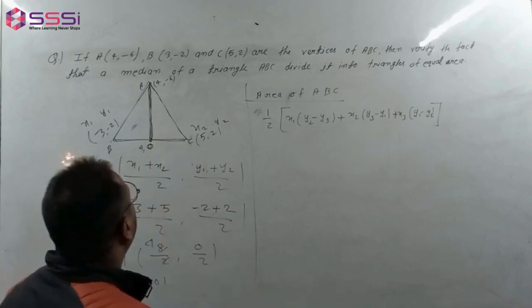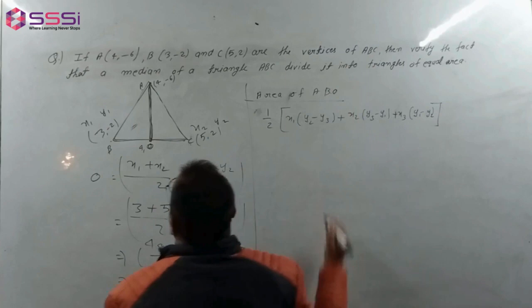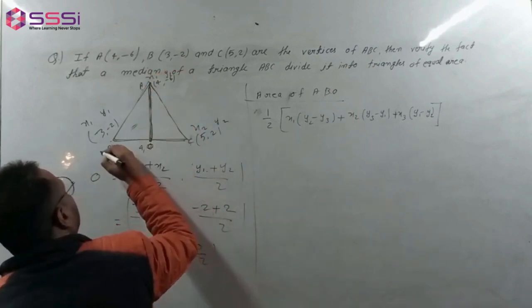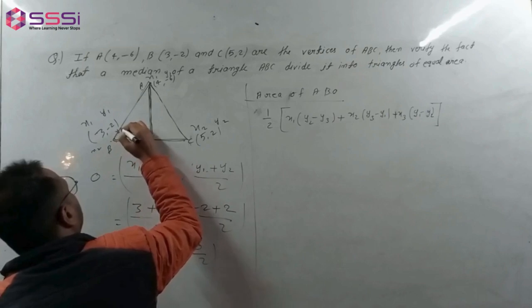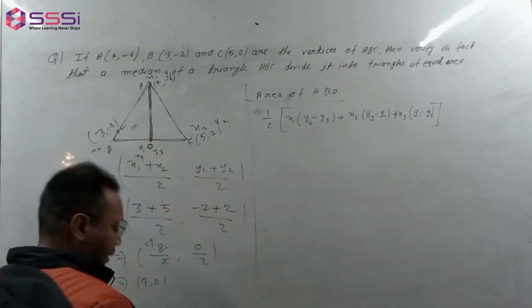These are (x1, y1), (x2, y2) and (x3, y3).